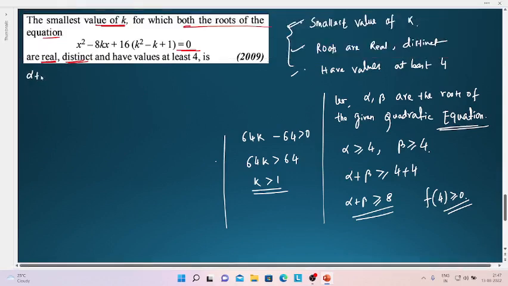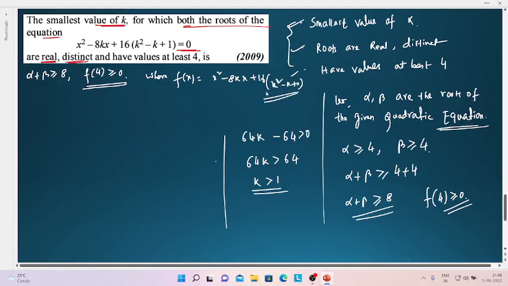So alpha plus beta is greater than or equal to 8 and f of 4 is greater than or equal to 0. Here f means that particular expression, where f of x is nothing but x square minus 8kx plus 16 times k square minus k plus 1, right?